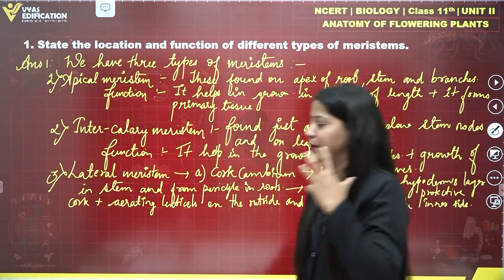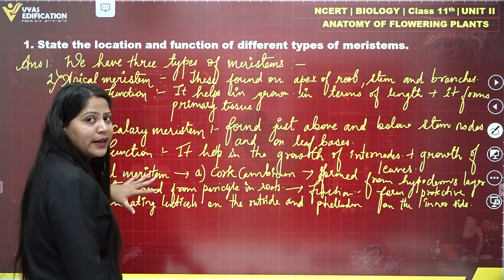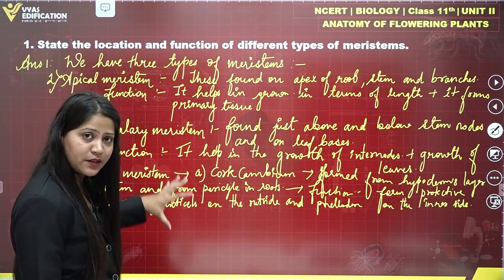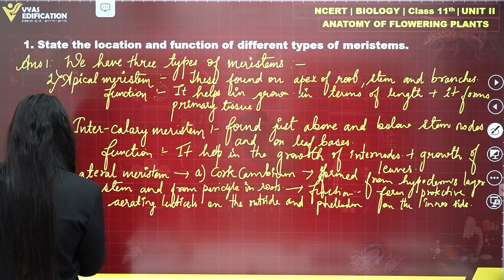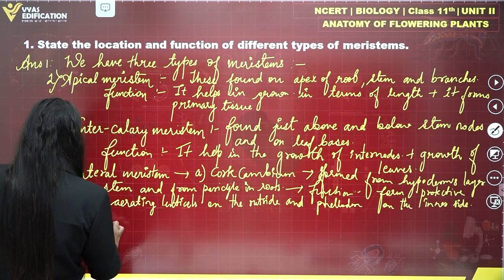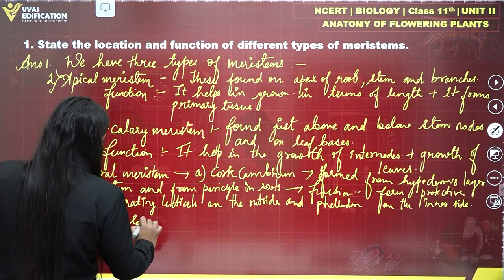Then the last one we have is under the lateral meristem only, which is another type of lateral meristem, that is B, vascular cambium.